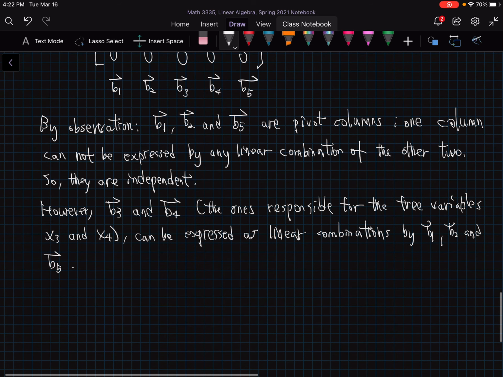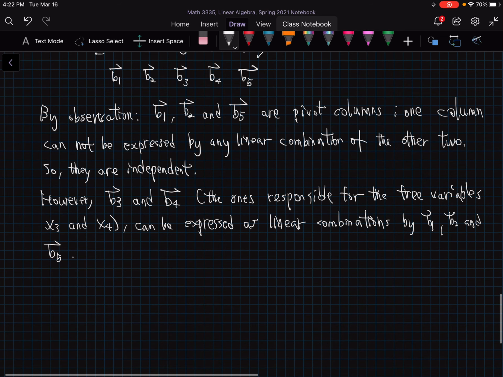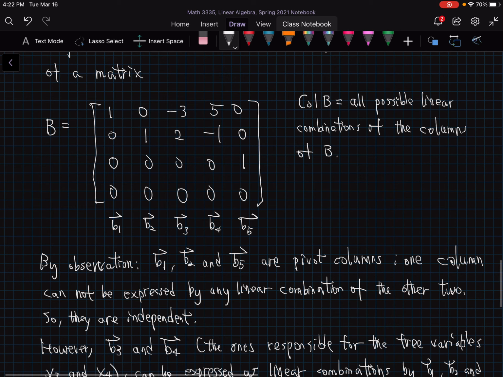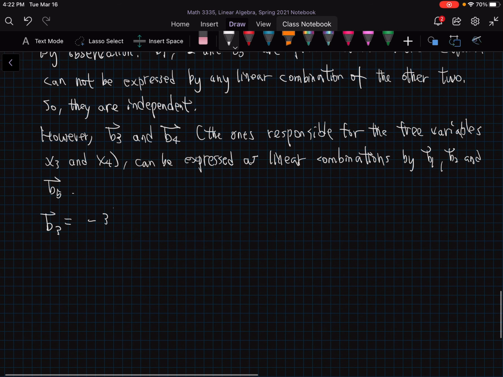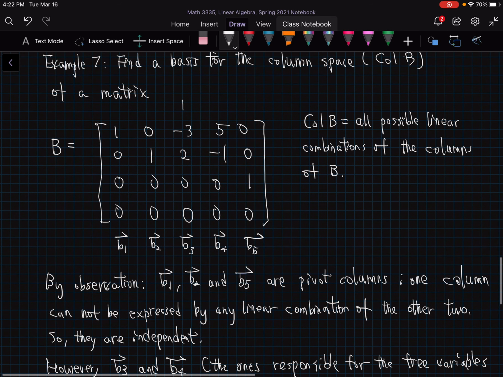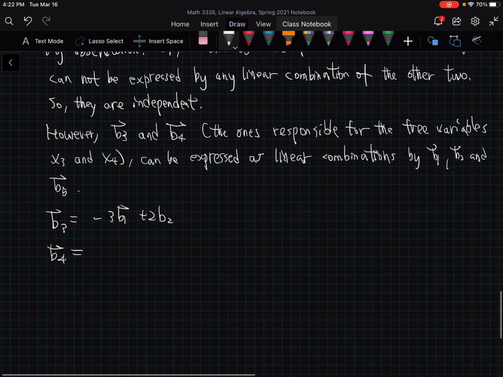Actually, we don't need B5. We can see B3 right here equals negative 3B1 plus 2B2. And B4, let's look here, can be expressed as 5B1 minus B2. Get it? So B4 equals 5B1 minus B2.